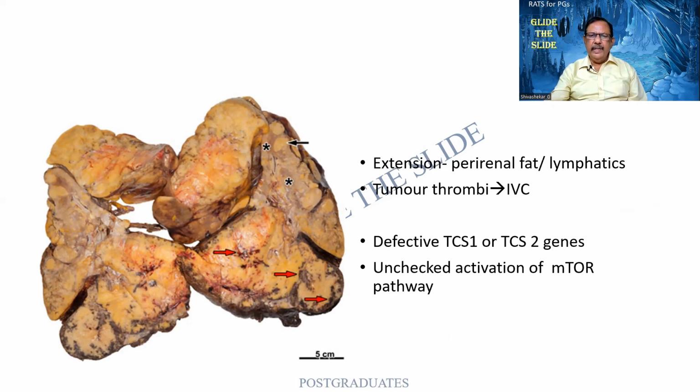There is a defect in TSC1 and TSC2 genes. Unchecked activation of the mTOR pathway. These two are supposed to be indicative of the pathogenesis. Coming back to the picture, it is very irregular, but still circumscribed, no definite capsule. It has broad pushing margins. There is no infiltration.